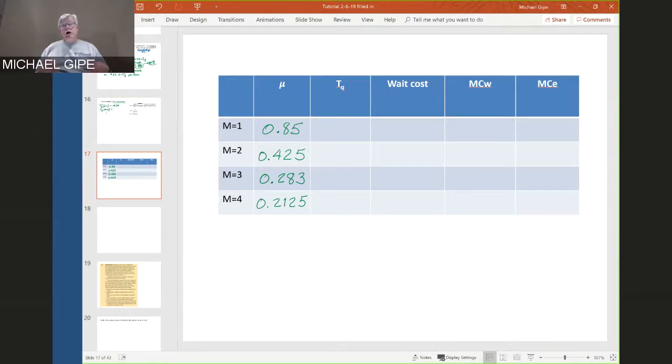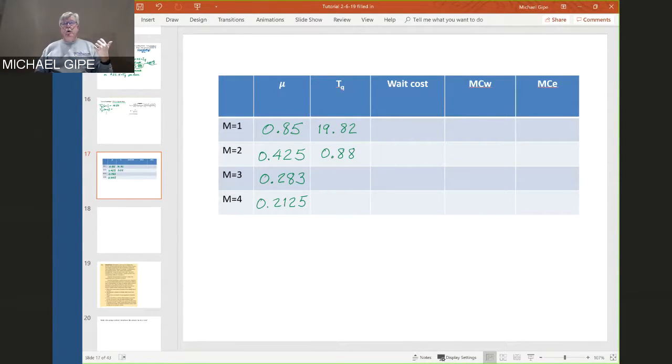I'm going to use those utilization numbers and now calculate the queue time for each of those cases. The original one with one employee, of course, was 19.8 minutes. Look what happens when we add a second employee, 0.88. These things have a big impact.